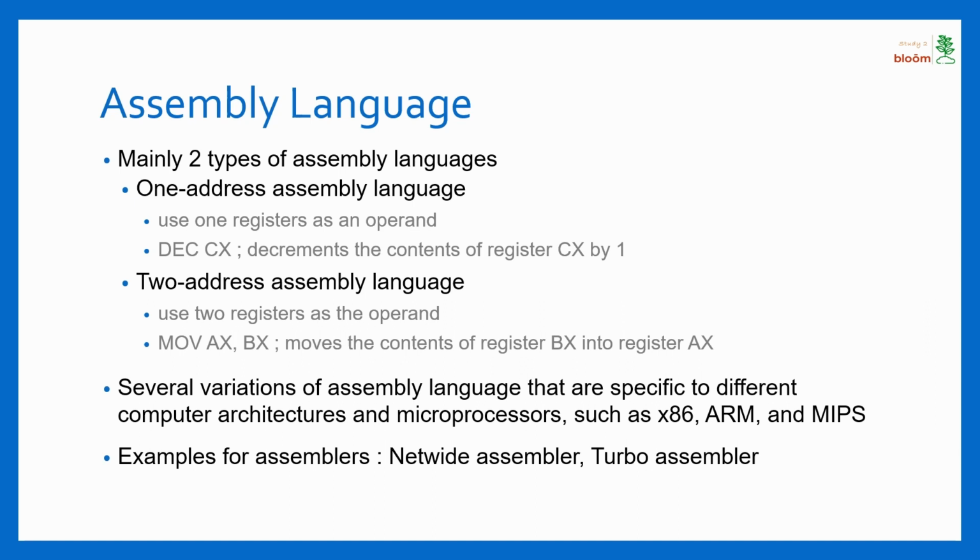But in two address assembly language, you can use two registers as operands. Here in move AX, BX, there are two registers. But in this, only one register. There can be several variations of assembly language that are specific to different computer architectures and microprocessors. According to that, we have to use the assemblers.